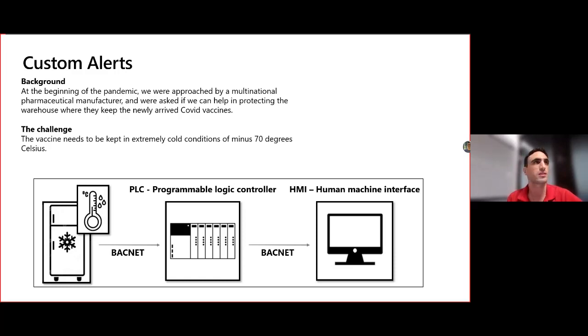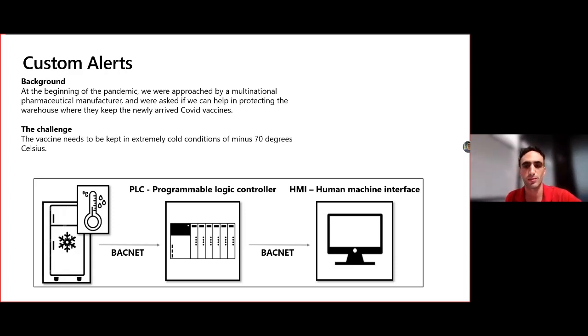The challenge was that this had to be done really quickly, and they were already a Defender for IoT customer, so they had sensors deployed inside their warehouses and in their manufacturing sites, and they wanted to know if we can monitor the temperature conditions and alert their SOC for a change in the minimum temperature.